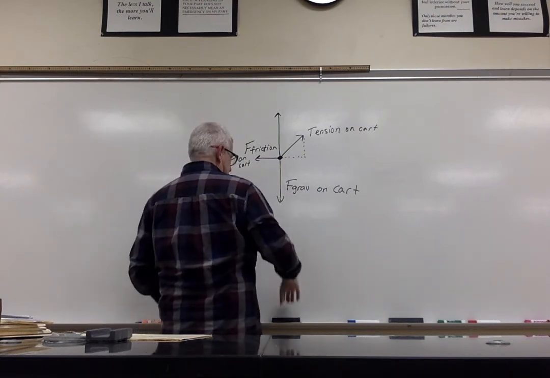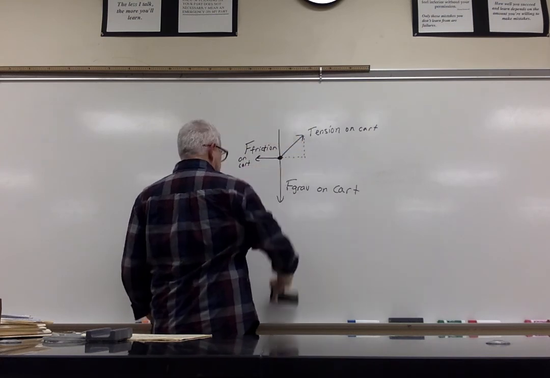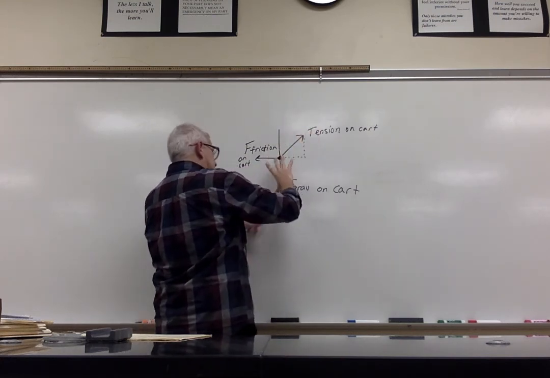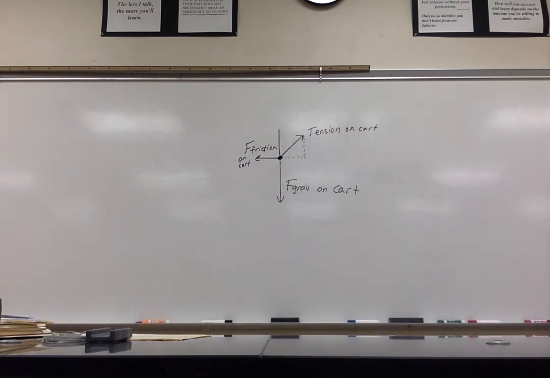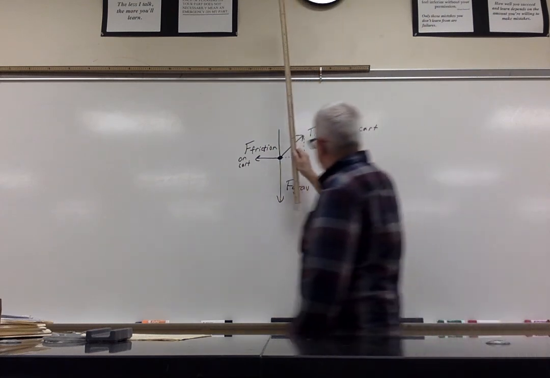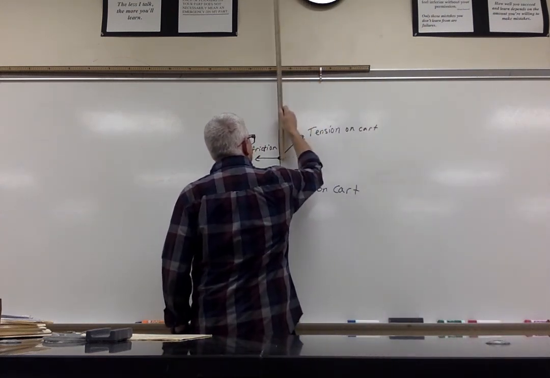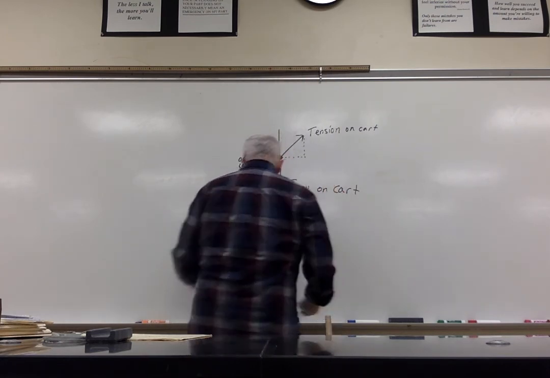So I've got to shrink this back down. I've got to make it so that the combination of this arrow up and this arrow up would equal that arrow down. I'm not exactly sure how big that is. I don't have to be perfect about it. But I will make this a little longer.